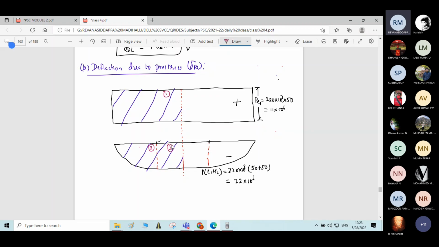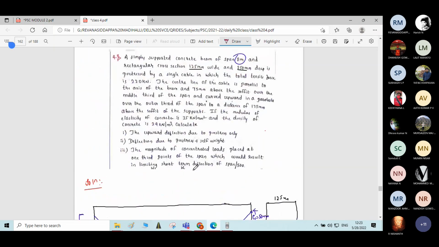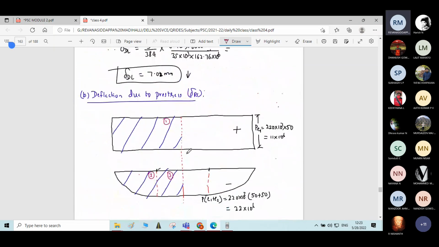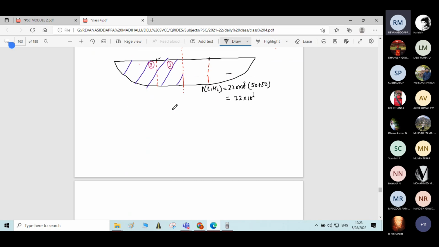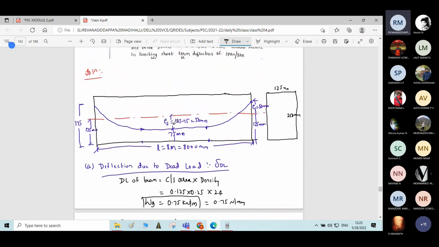The total length of the beam given is 8000 mm. So 8000 divided by 2, you will get 4000 mm here. If you take the cable profile, the cable is straight for the middle third portion.